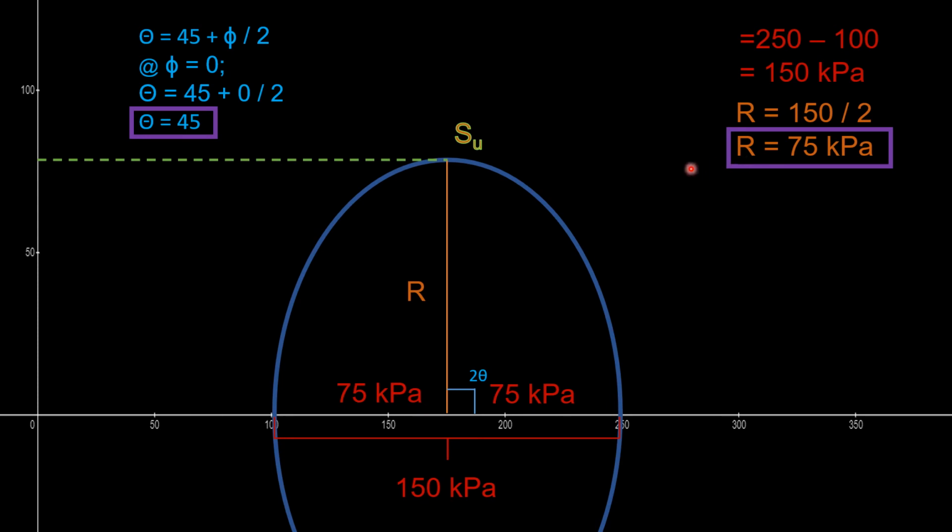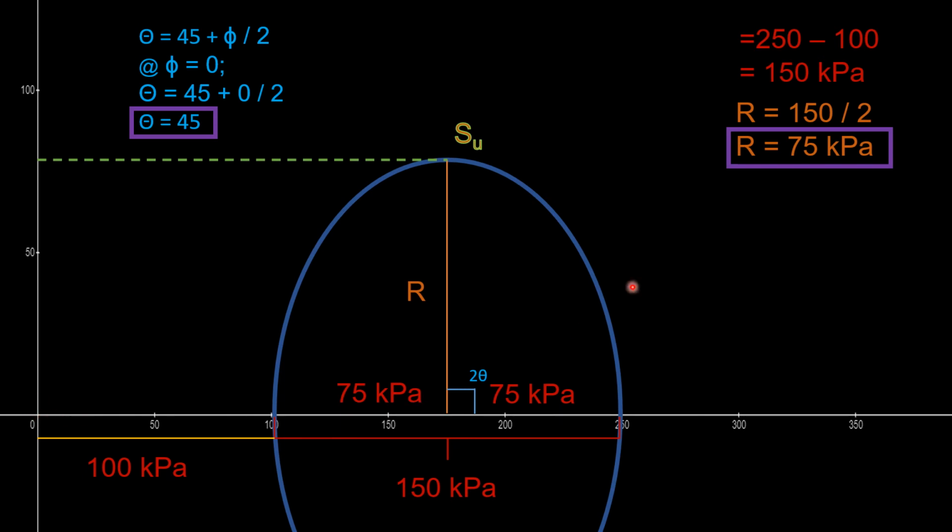And then the third question is to locate the normal stress at failure. So this is 0 to 100, right? This is given based on the problem, which is the minor principal stress. And to get here, this is our point where the failure begins. Therefore, the normal stress is located from here to here.